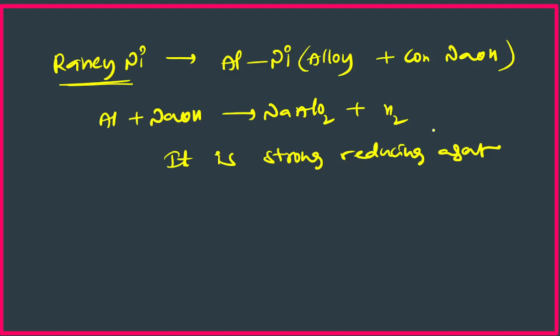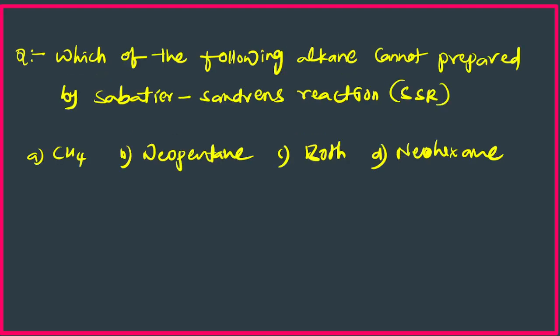Have a look at the questions. Which of the following alkanes cannot be prepared by the Sabatier-Senderens reaction? Methane, neopentane, both, or neohexane. Methane, CH4, cannot be prepared by the Sabatier-Senderens reaction.